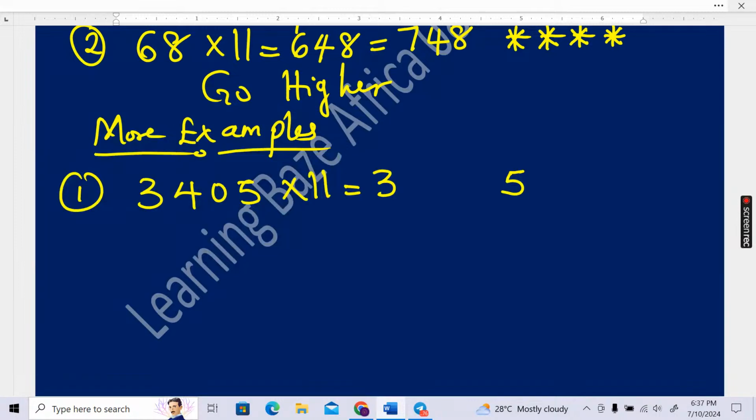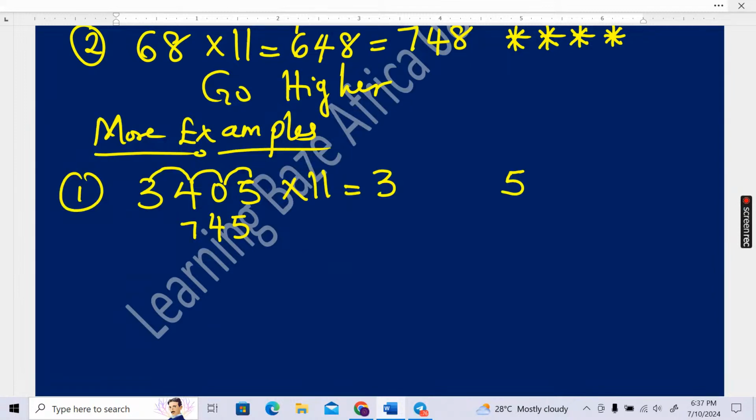Don't forget that you're to think of the first and the last digits. Then begin to add the digits to each other. Let me start from the left to the right. 3 plus 4, that's 7. 4 plus 0, that is 4. Then 0 plus 5, that is 5.